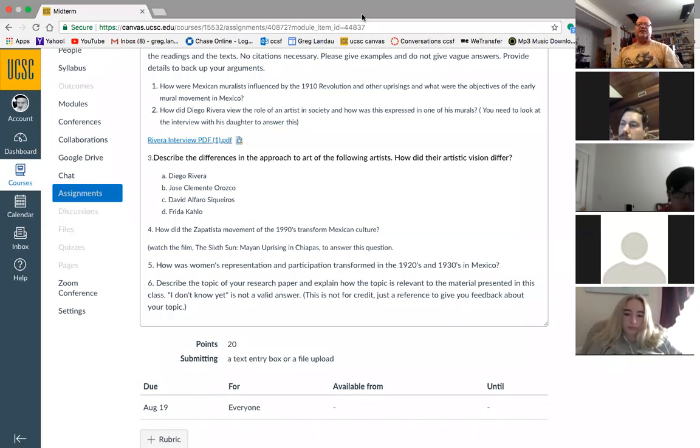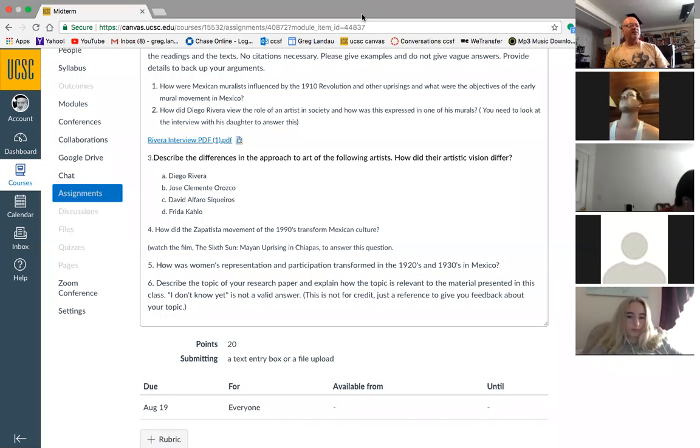Describe the differences in the approach to art of the following artists. How did their artistic vision differ? So again, no right and wrong answer here. Look at each one of their art and use your own analysis to describe the differences. It forces you to look at art, to create your own criteria for looking at art.